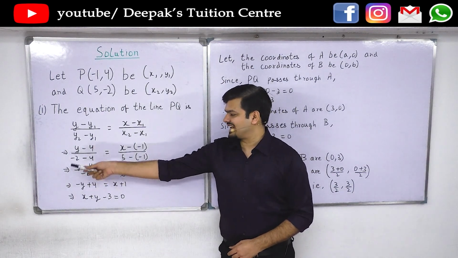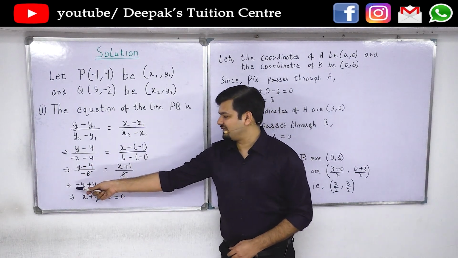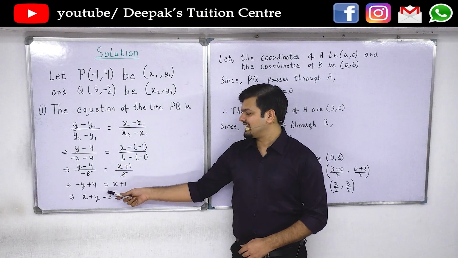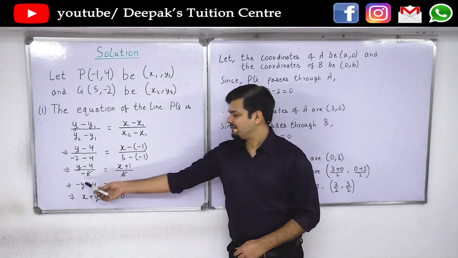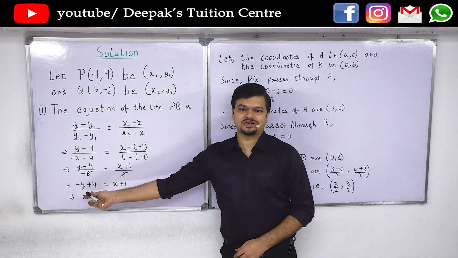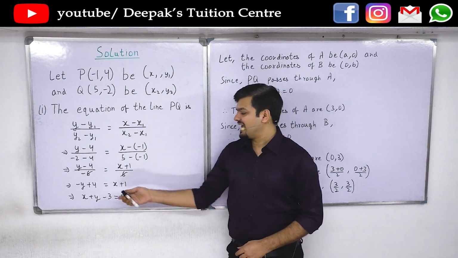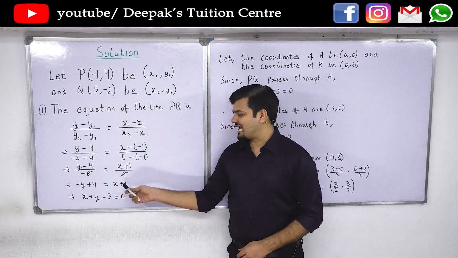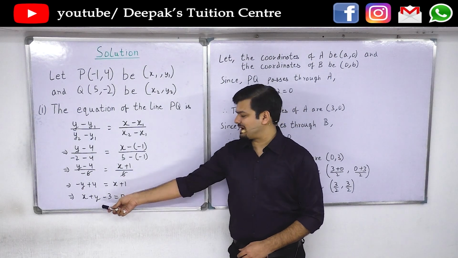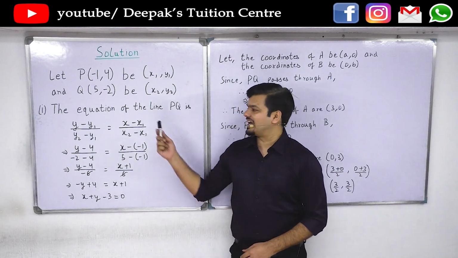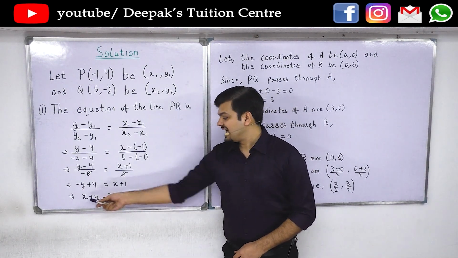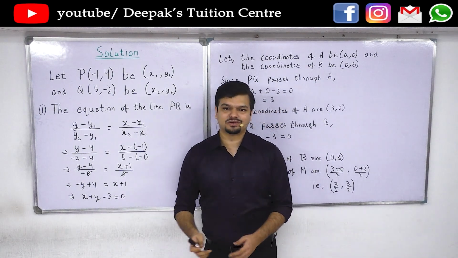This minus 1 will get multiplied by the numerator and we get minus y plus 4 is equal to x plus 1. We'll transpose all the elements from the left hand side to the right hand side and we get x plus y plus 1 minus 4, that is minus 3, equals 0. So the equation of the line PQ is x plus y minus 3 equals 0.